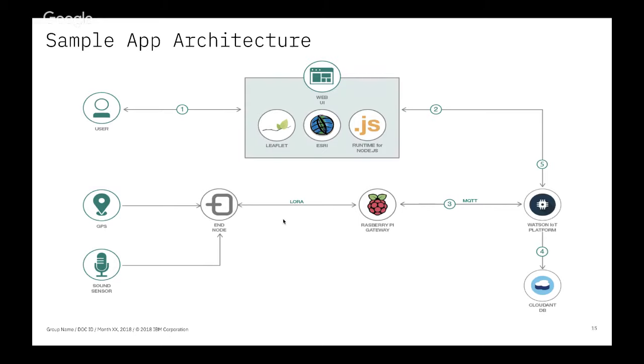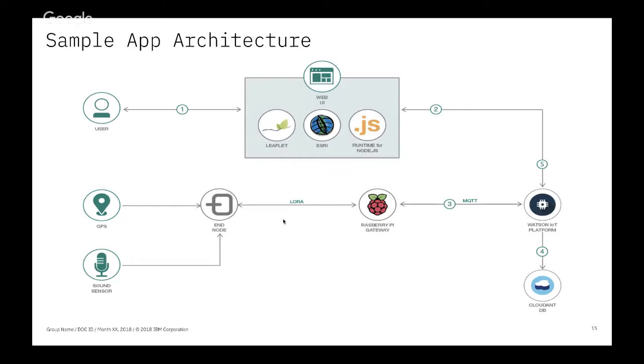Here we have the architecture of a sample application that we've recently released as a reference. The purpose of this application is to show all registered assets on a map. This map is generated by the Leaflet and Esri libraries.